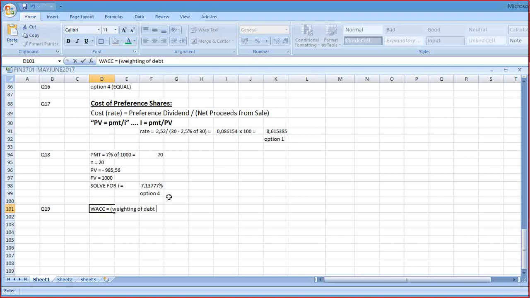Okay, so weighting of the one times the cost, weighting of the other times its cost.